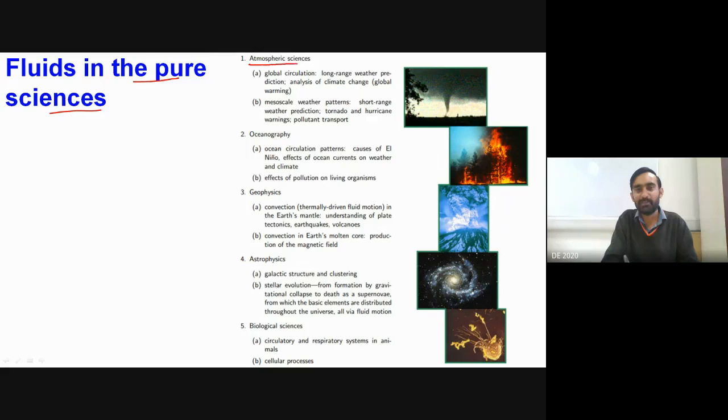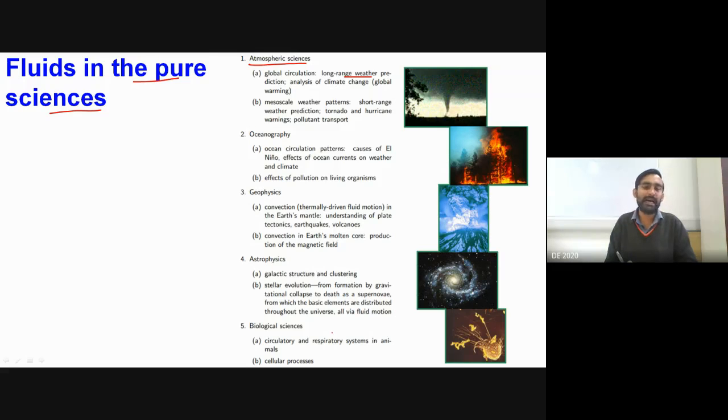If we talk about atmospheric sciences, we have global circulations, long range weather predictions, climate change. Then we have oceanography, where we have waves on the surface of the ocean. Geophysics, astrophysics, biological sciences.